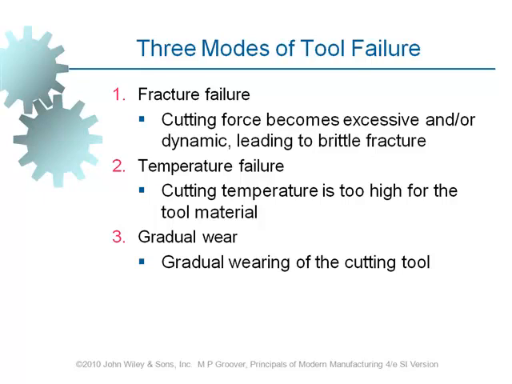Let's talk about the second type of failure, temperature failure. The cutting tool fails because of elevated temperature, which makes it softer than necessary in order to take the cut. How can we prevent this type of failure? Yes, reducing cutting speed would lower the temperature.